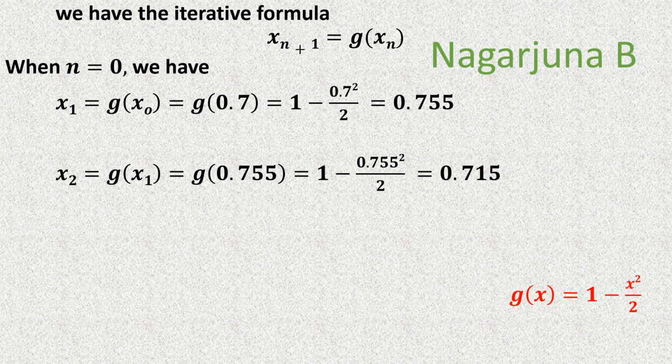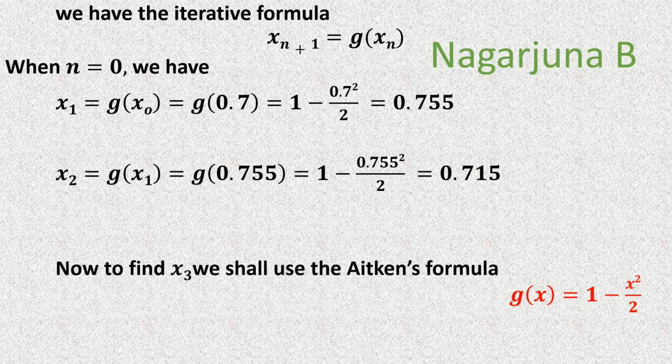So x1 value, which we have just calculated, is 0.755. Now substituting this x value in g of x, we get the x2 value equal to 0.715. So these two we have calculated by using the iterative formula.